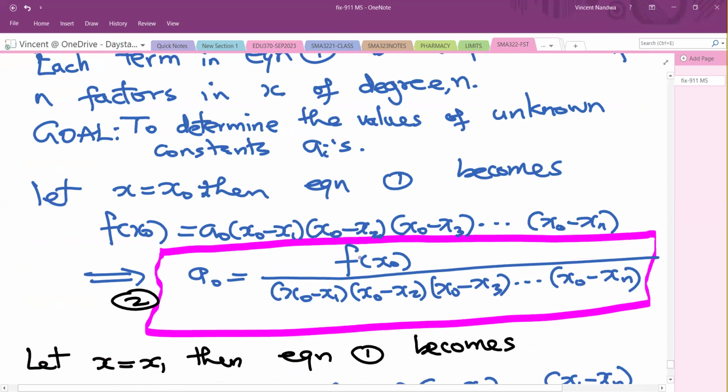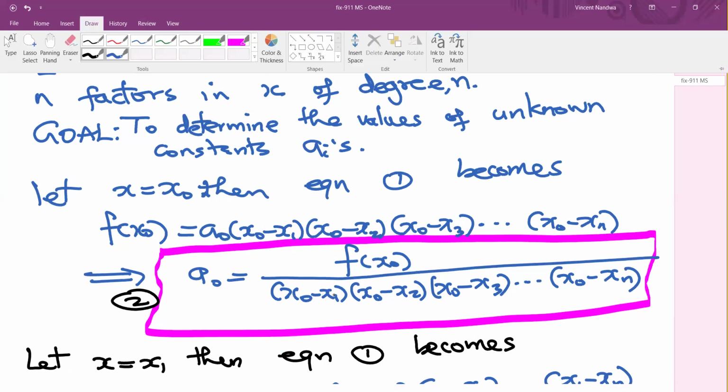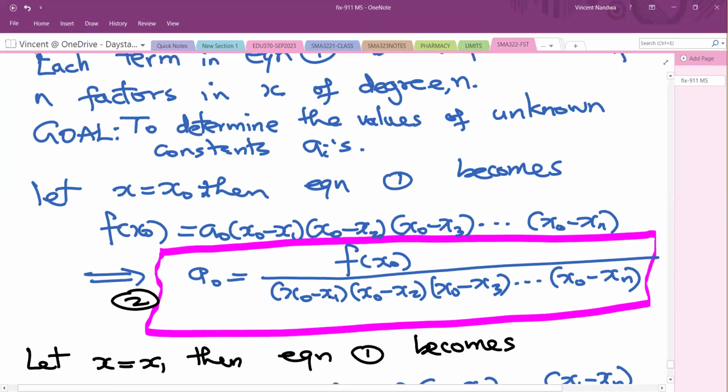has f of x naught in the numerator, and in the denominator, the first bracket is x naught minus x1, followed by x naught minus x2, followed by x naught minus x3, all the way up to x naught minus xn.